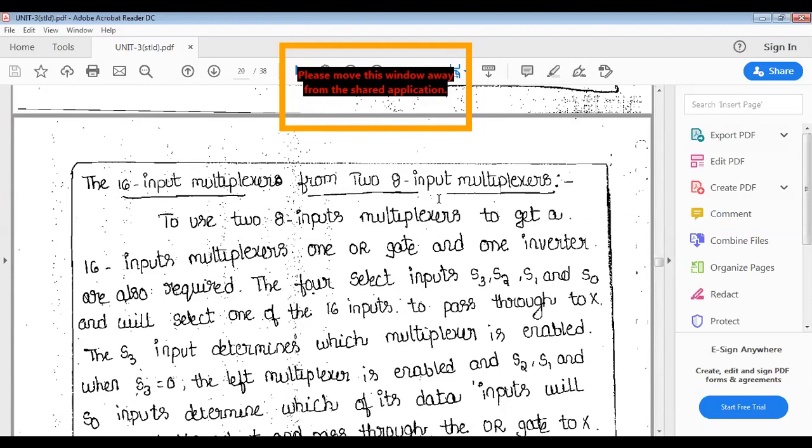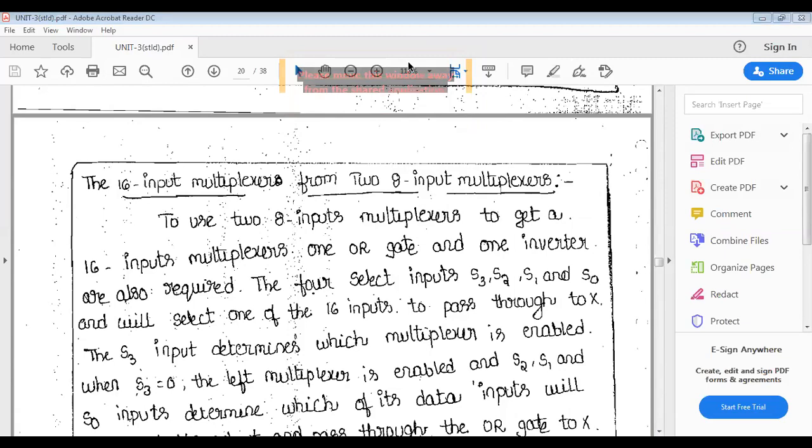Then the next one is similar: the 8 input multiplexer. We have seen the 2x1 multiplexer and the 4x1 multiplexer. Now I can draw the 8x1 multiplexer, the 8x1 MUX.